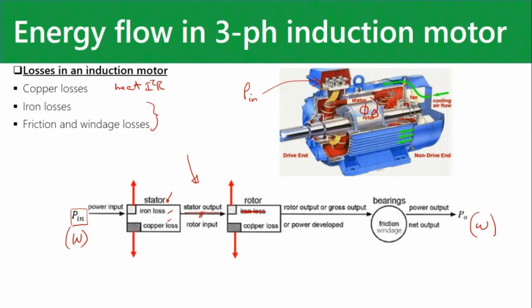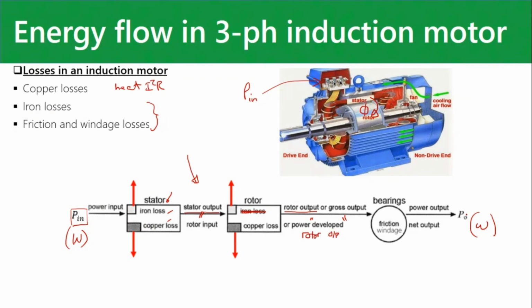So rotor input power minus these rotor copper losses gives you the rotor output power. And quite often they say the power developed is so much. This is specific terminology: if you see the words power developed, it means rotor output power, not motor output power.